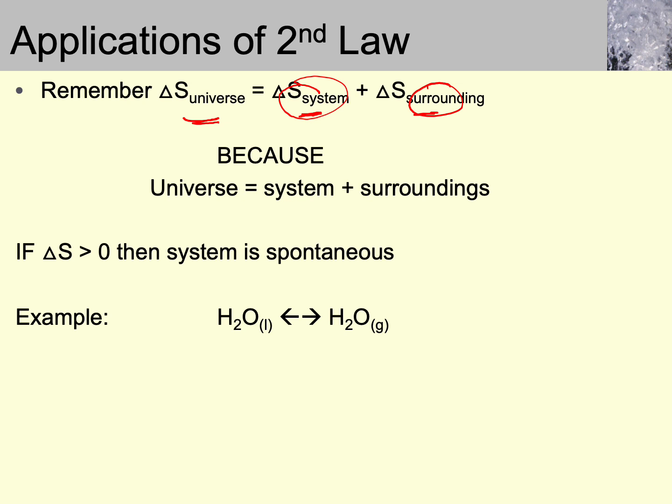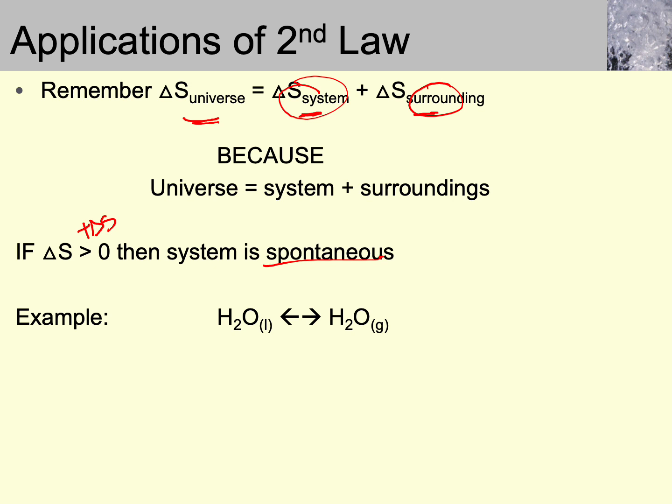So if delta S is greater than zero, in other words, a positive delta S, then the system is spontaneous. So if we have liquid water and water gas, we can look at this because gas is more chaotic than liquid. So temperature has an effect on spontaneity because delta S is positive or negative.